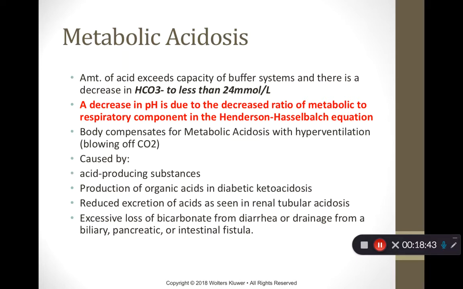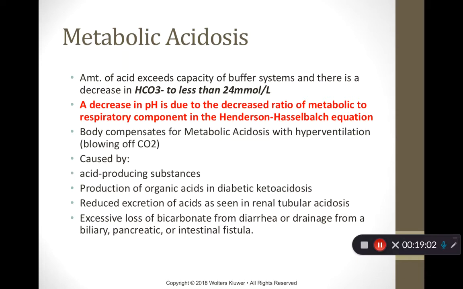A decrease in pH here is due to the decreased ratio of metabolic to respiratory component in the Henderson-Hasselbalch equation. The body then compensates for metabolic acidosis by hyperventilation, so blowing off CO2.